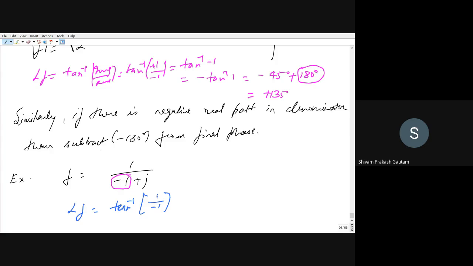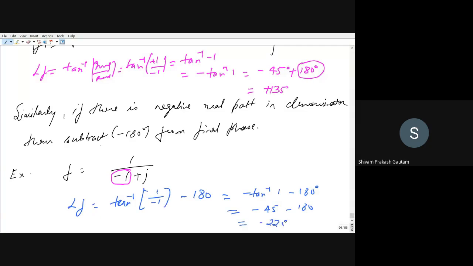And you have to subtract 180 degrees. Why? Because the part is in the denominator. So this will give me minus tan inverse of 1, minus 180 degrees. This will give me -45 -180, which gives -225 degrees. So the phase of this function is -225 degrees.